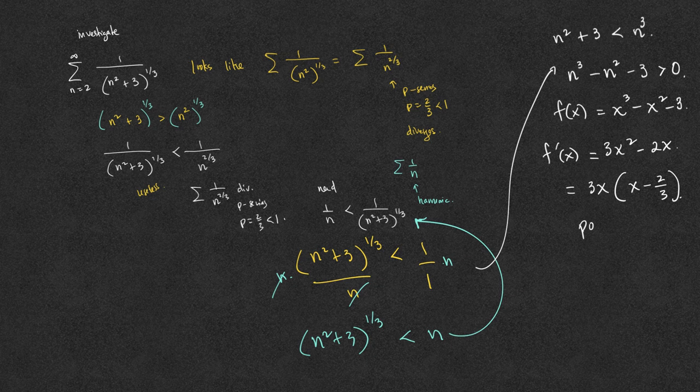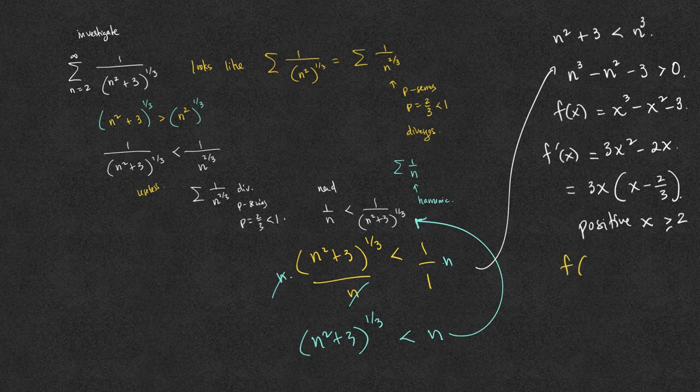This is positive if x is greater than 2/3, or x is greater than or equal to 2, because the starting index is 2. x is n in this case, so the first factor is always positive. What we just showed here is that the derivative is positive. If the derivative is positive, then the function is increasing.